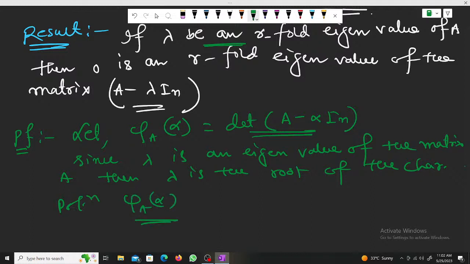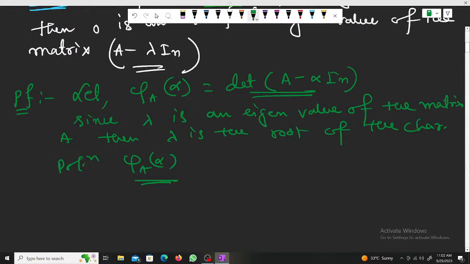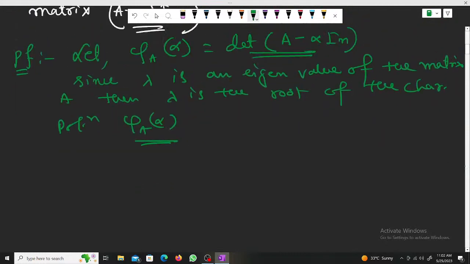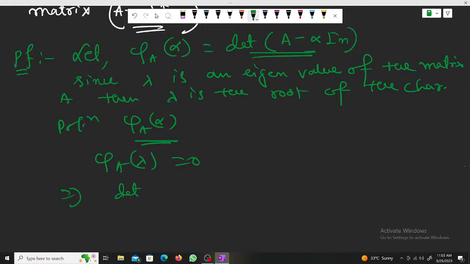এই যে ক্যারেক্টারিস্টিক্স পলিনোমিয়াল সেই পলিনোমিয়ালটা আমার রুট হবে। দ্যাট means we can write phi of A of lambda is equals to 0, which implies determinant of A minus lambda In is equals to 0, and this is a root of r fold.